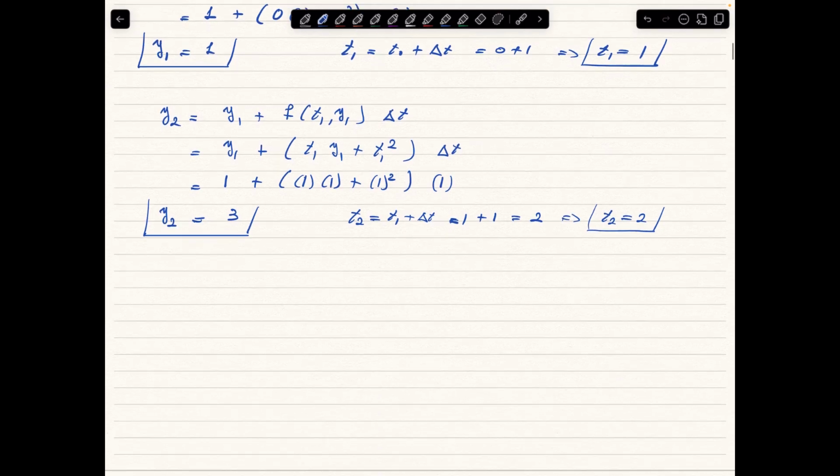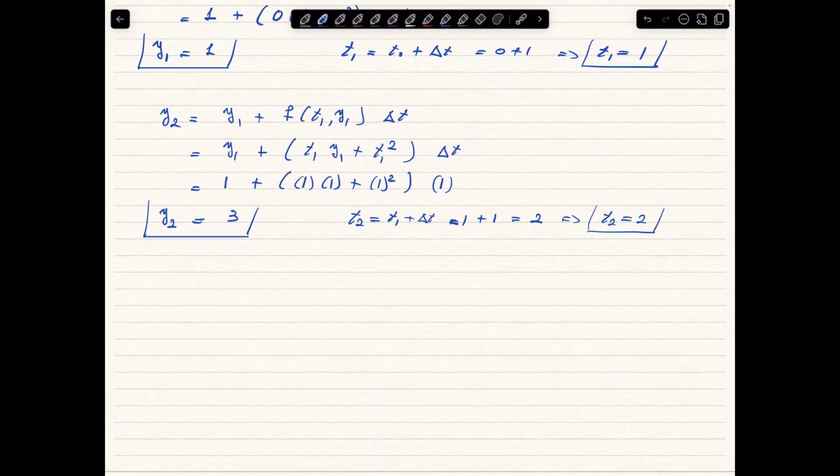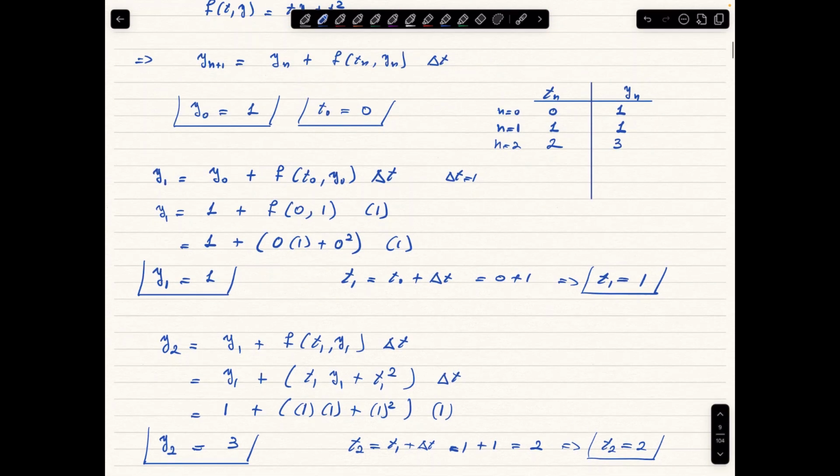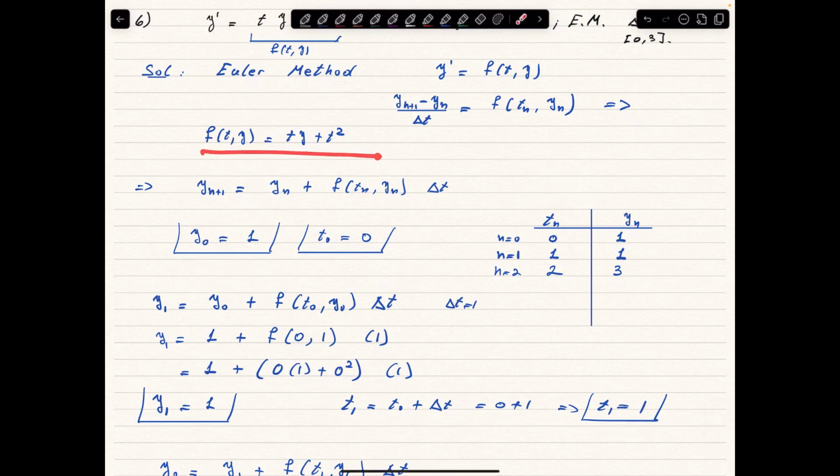Cool. Last one. So you see more or less how it goes. What is y3? y3 is y2 plus f at t2, y2 times delta t. And recall what f is: it is t2 multiplied by y2 plus t2 squared. I'm just using this formula here.